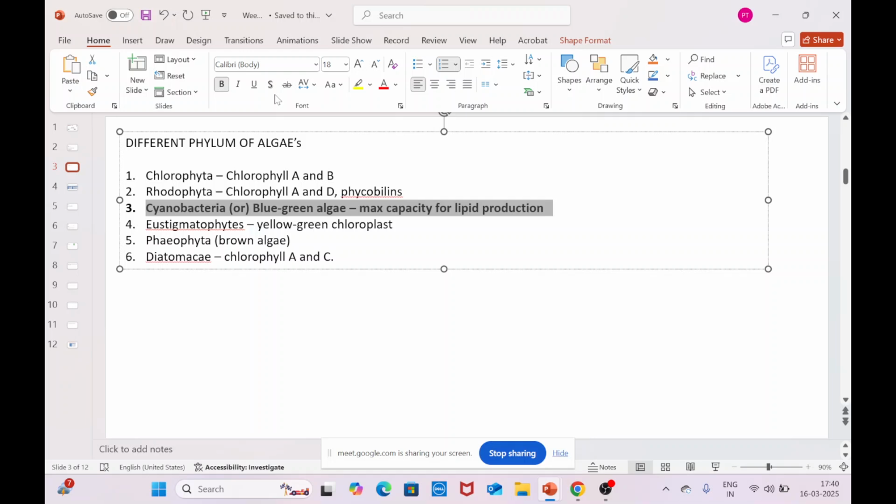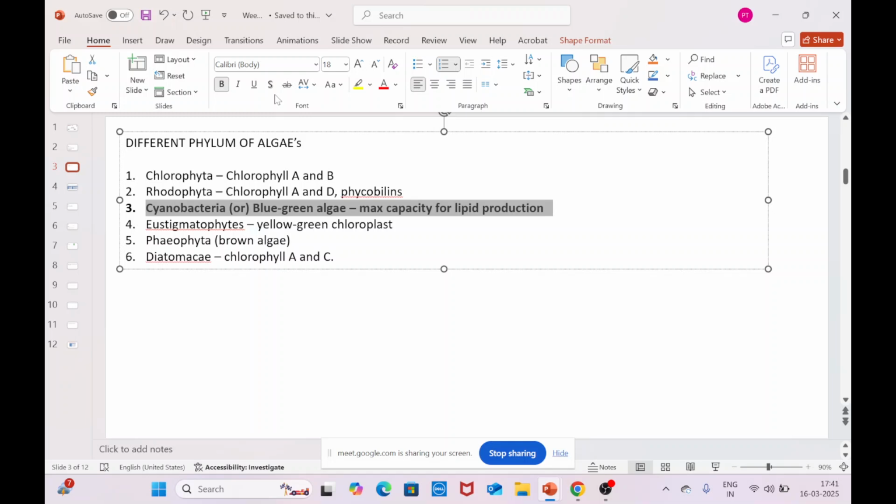And again, it is not necessary that all the phylums of algae that you see here will give similar type and quantity of lipid content. Since they come from different phylums, they have different types of chlorophyll present in them, and the production of lipid content will vary depending upon that.